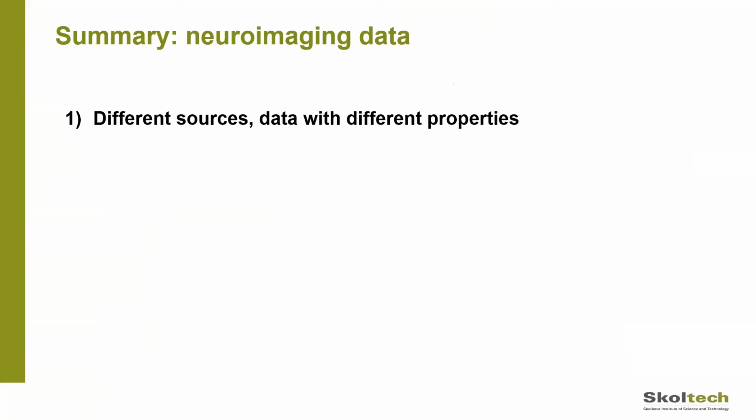In summary, we can have different types of data about the brain, and different types of data bring different types of information. In the case of MRI, we can get very high resolution and understand very accurately what kind of geometrical peculiarities the brain of a specific person has. In the case of fMRI, the resolution is significantly lower, but we have resolution in time.